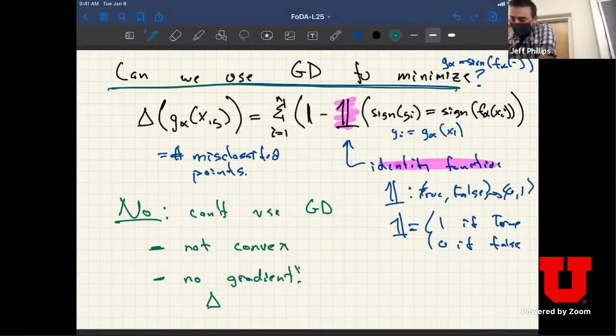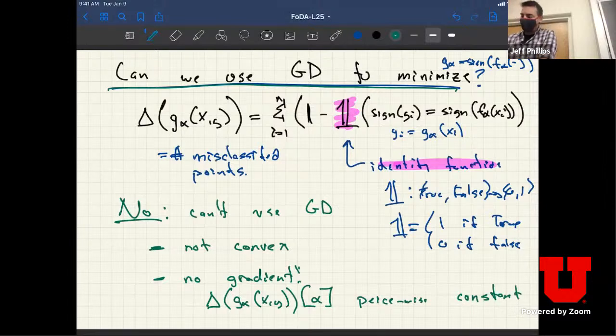If I write delta g alpha of x, y as a function of alpha, it is piecewise constant, and then it has jumps.